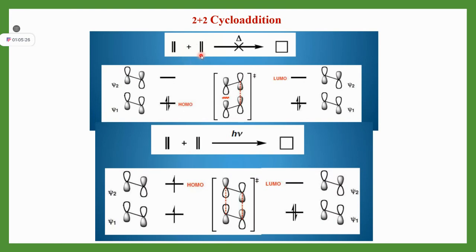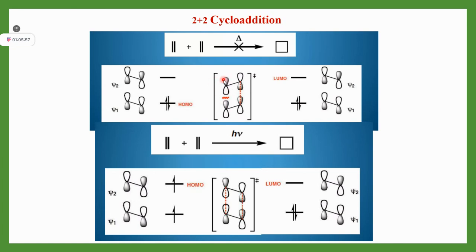See, this is your ethylene, right? HOMO, LUMO. Let's say this is a heating condition. So obviously in heating condition, this psi 1 will be your HOMO and psi 2 will be your LUMO, because HOMO is the highest occupied molecular orbital and LUMO is the lowest unoccupied molecular orbital. Now for a suprafacial interaction like this, you can do constructive overlap of this lobe, but what about this?